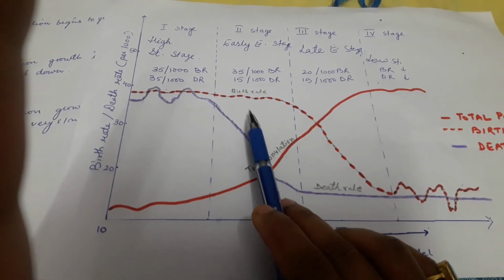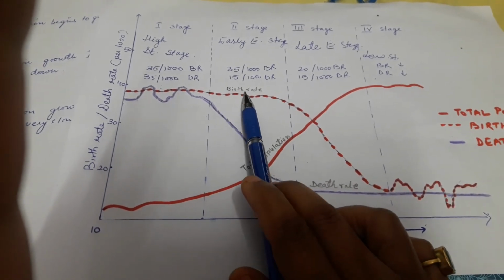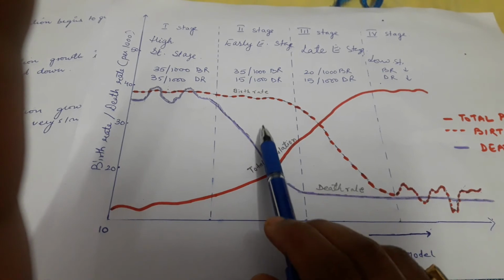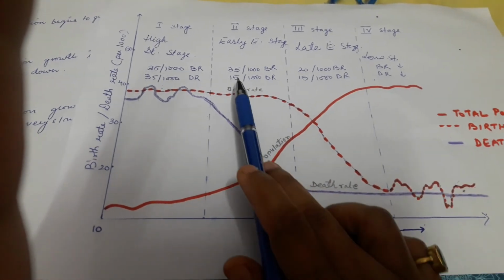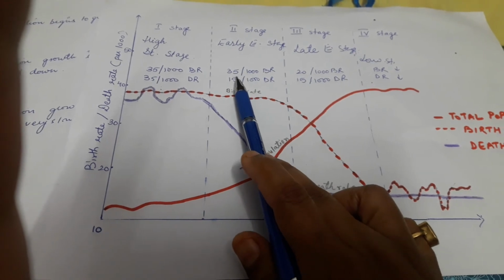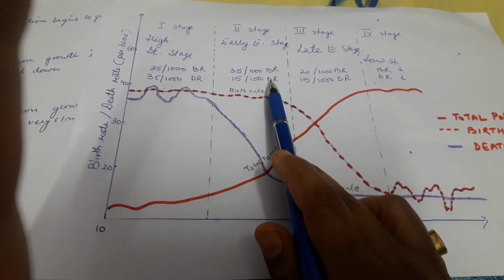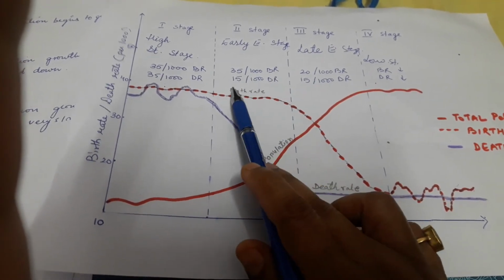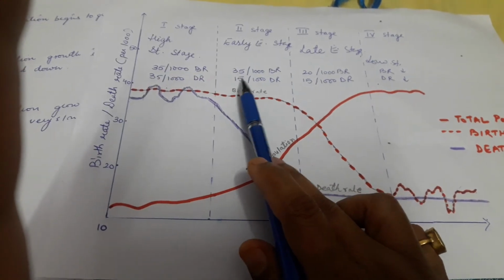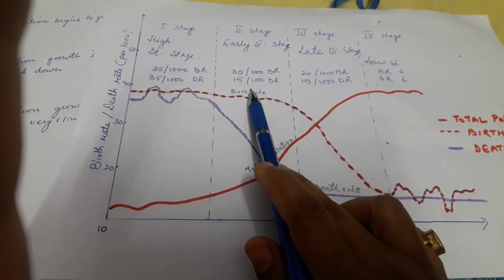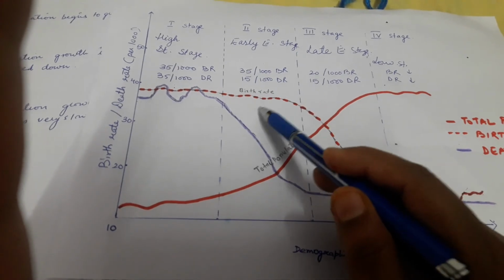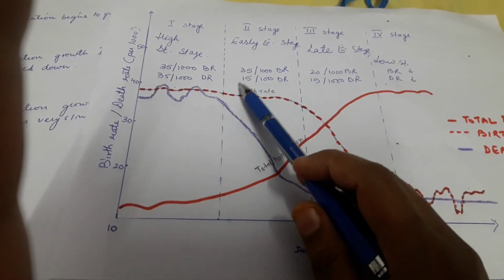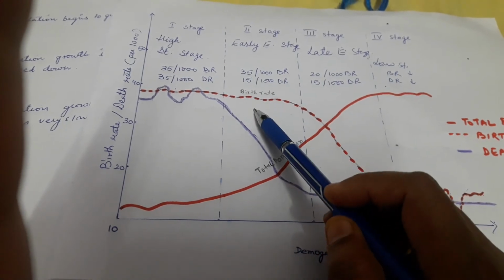The second stage shows that the birth rate is high but the death rate has fallen. And there is a big difference between this birth rate and death rate, marking a difference of 20 per 1,000 persons. That is, on 1,000 people there is a difference of 20 persons.